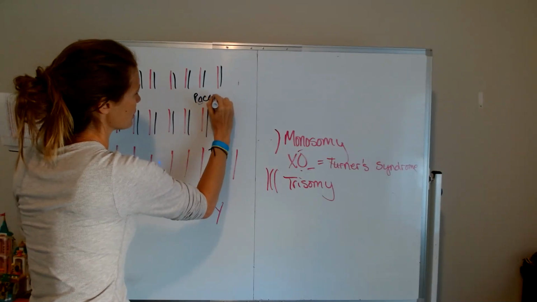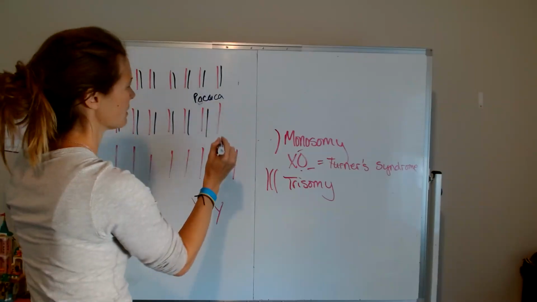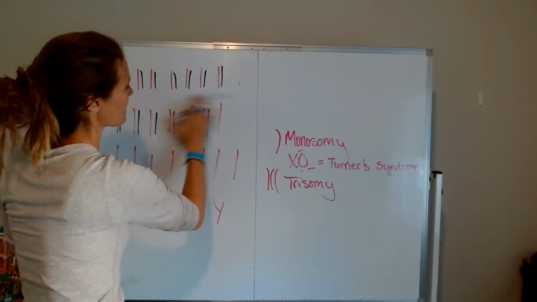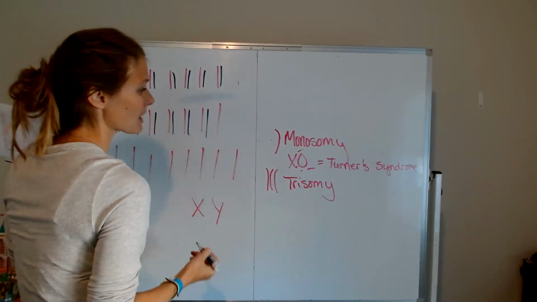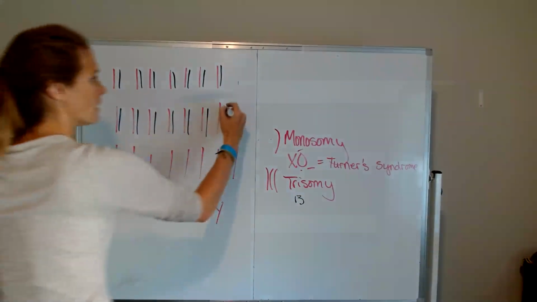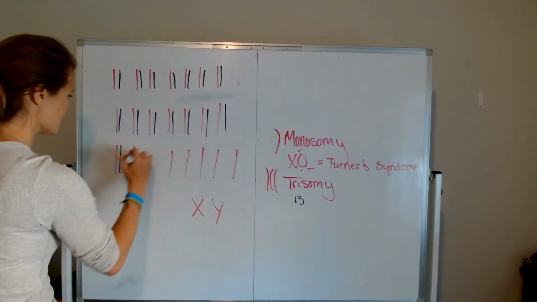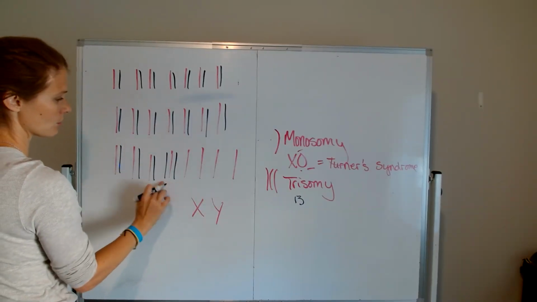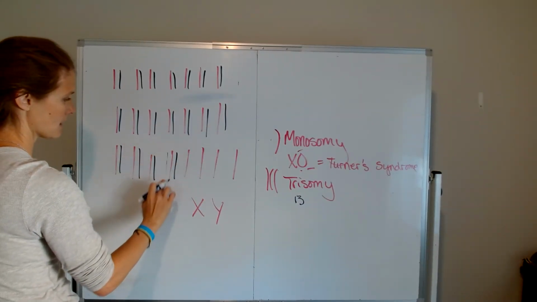I can't pronounce the name of it, it's not coming to me. Trisomy 13, though. 13, okay? 14, 15, 16, 17, 18, that's Edwards, tends to have a trisomy.